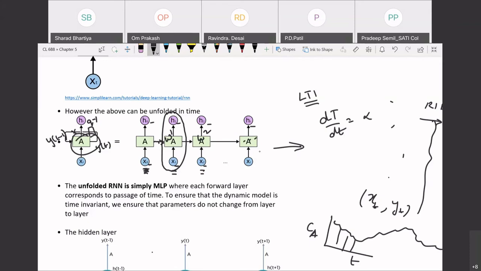You can't have some fixed law, some alpha times, not a good idea. I was thinking of Fourier's law of heat conduction, but I didn't want to go to partial differential equations. But if you think along the lines of Fourier's first law of heat conduction, you will realize that these parameters, which are equivalently being captured by the weights and the biases, cannot keep changing over time, unless it's a time varying system.